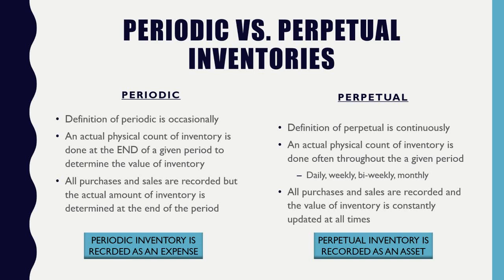Okay, because you're keeping such a good track record. Every time you make a purchase, you add to your inventory. Every time you sell your items, you subtract from your inventory. Okay, so therefore, you should have an idea of how many items you have in inventory at all times.